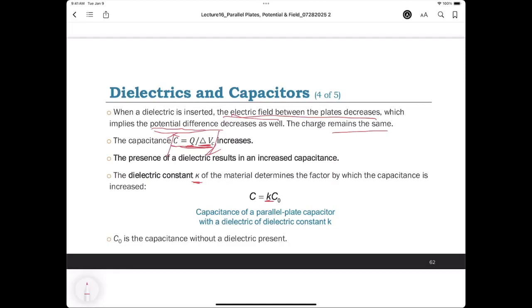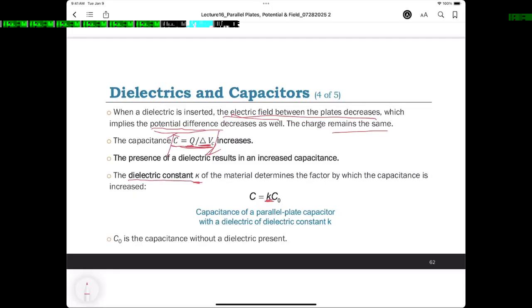This K is different from the K we used when calculating the electric field. It's a different thing, just called the dielectric constant.